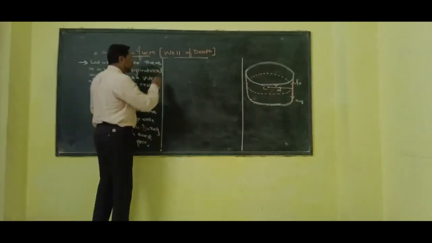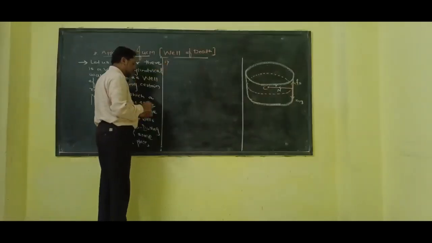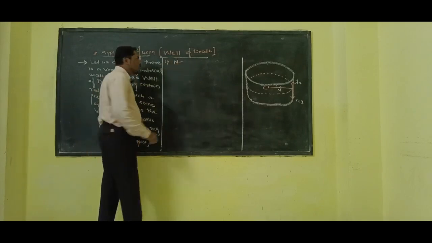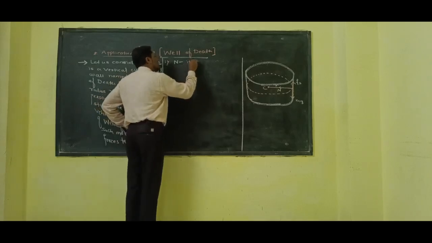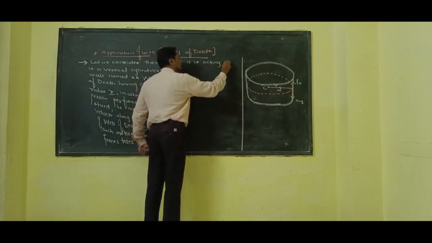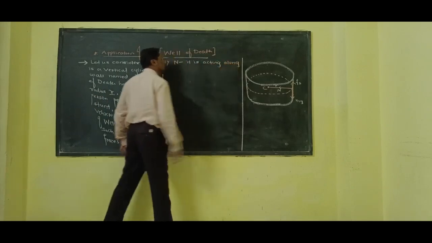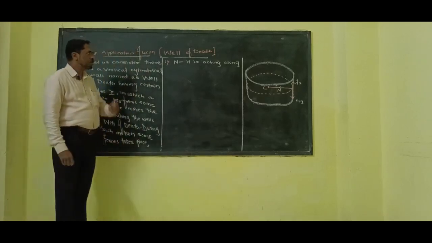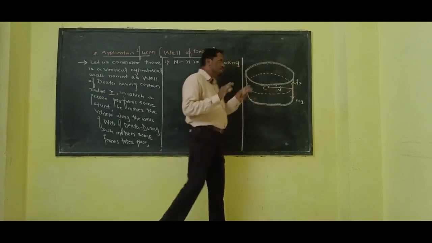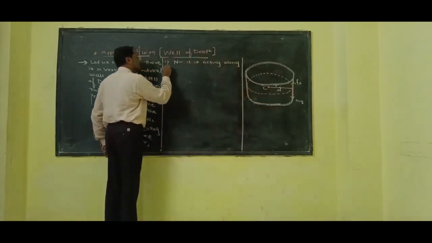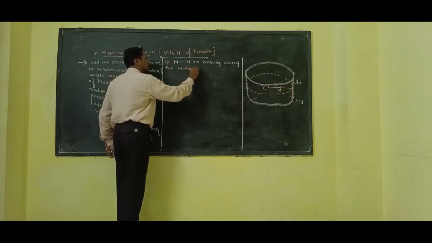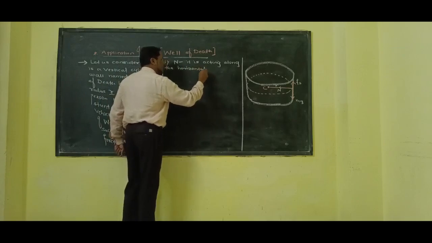The first one, that is N, is acting along the horizontal. It is the very first force that is shown in the diagram, and it is acting along the horizontal.